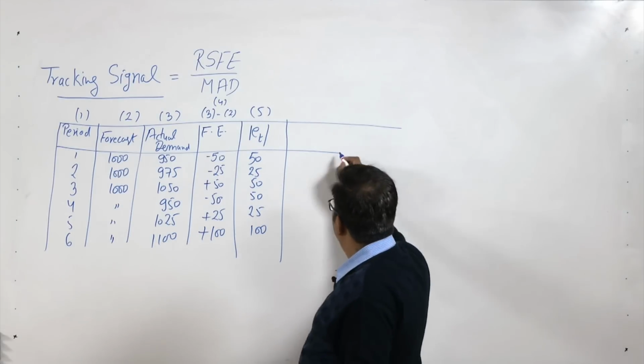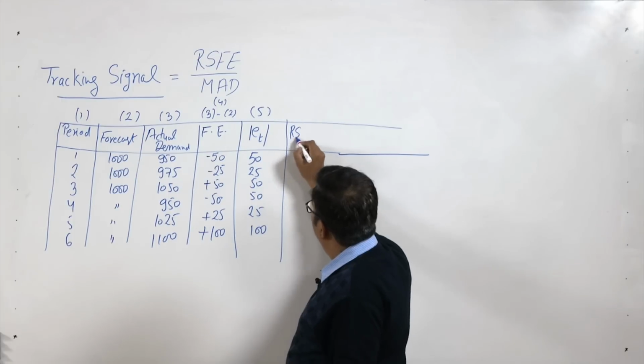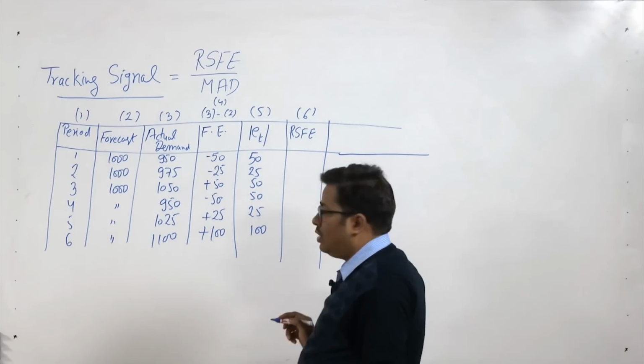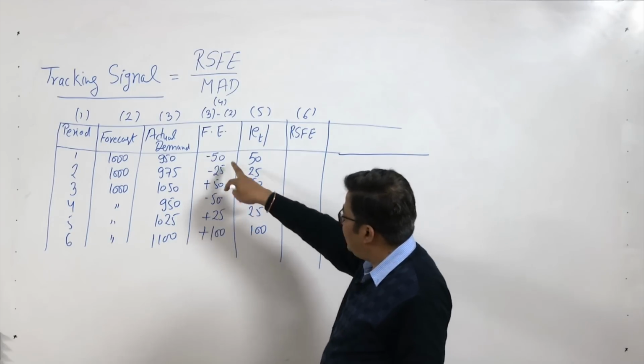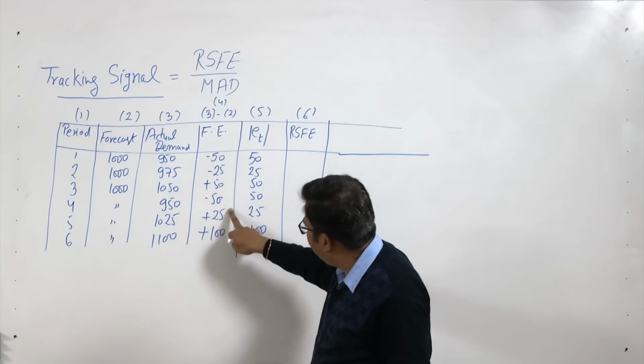Now, the next column will be the running sum of forecasting error, that is my column number 6. The running sum of forecasting error is actually the summation of various elements of column number 4.